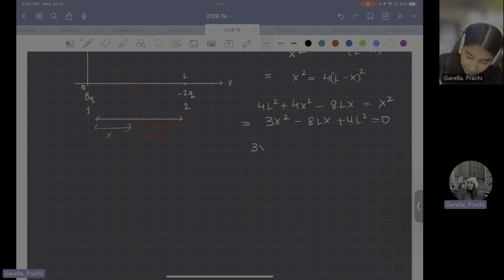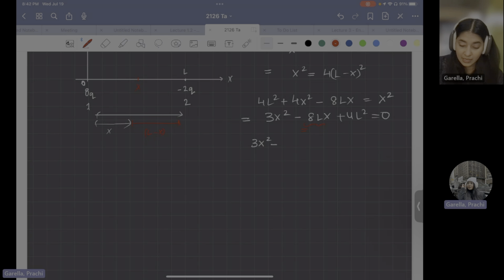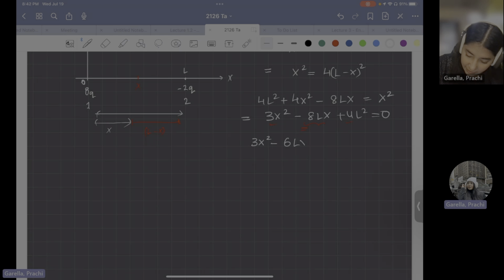So what we can do is divide this minus 8Lx into two parts such that when you add them together, it gives you minus 8Lx, and the coefficients of those two when you multiply give the same product as this. So I can write this as minus 6Lx and minus 2Lx, plus 4L squared. Okay, why did I do that?